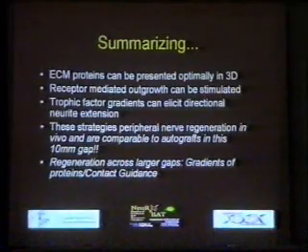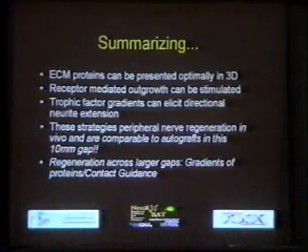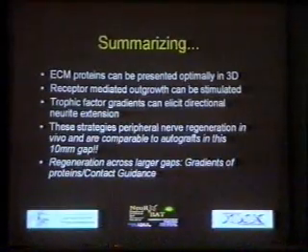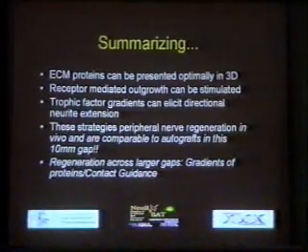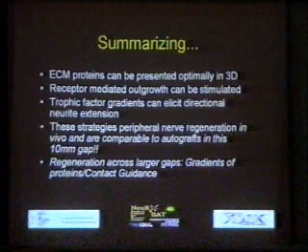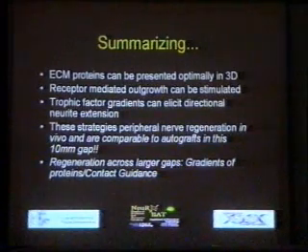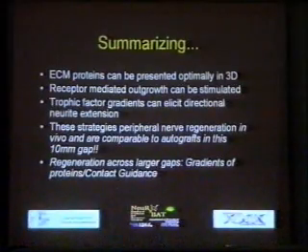The idea is to provide directional cues and use that to get regeneration across longer gaps. It's like giving a biscuit to a dog and moving the biscuit along. So the idea is, can I put in cues within this bridge such that there is some directional element that makes the nerve want to go further than it would if it did not have the directional element.